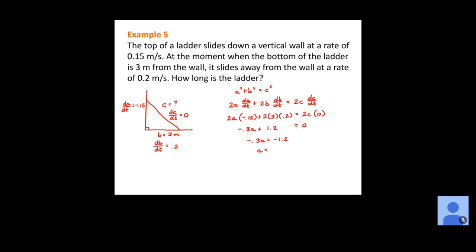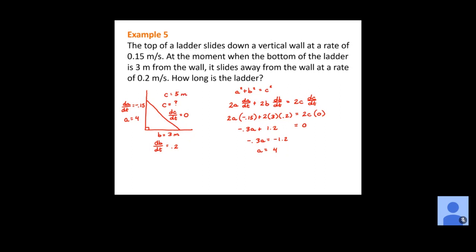Negative 1.2 divided by negative 0.3 should give us positive 4. So now I know the length of my vertical side over here. Now, keep in mind, we're still looking for how long the ladder is. So what are we going to have to do now? Good. You could recognize this as a 3, 4, 5 right triangle. And so if you do that, then we know that C equals 5 meters.